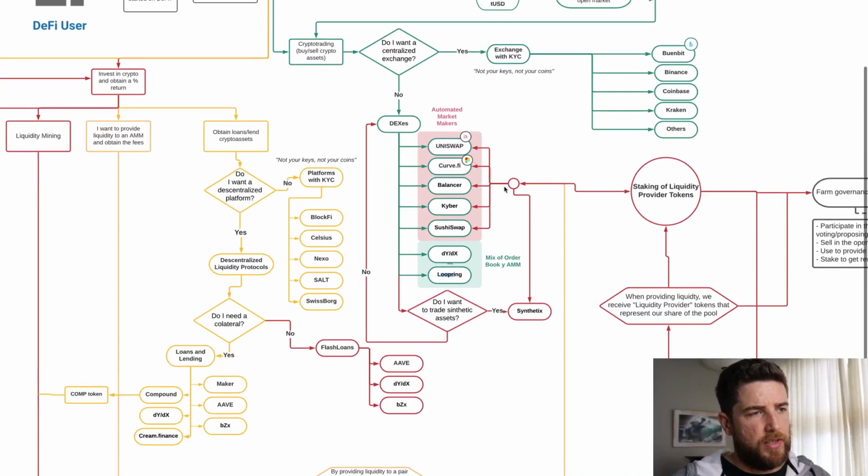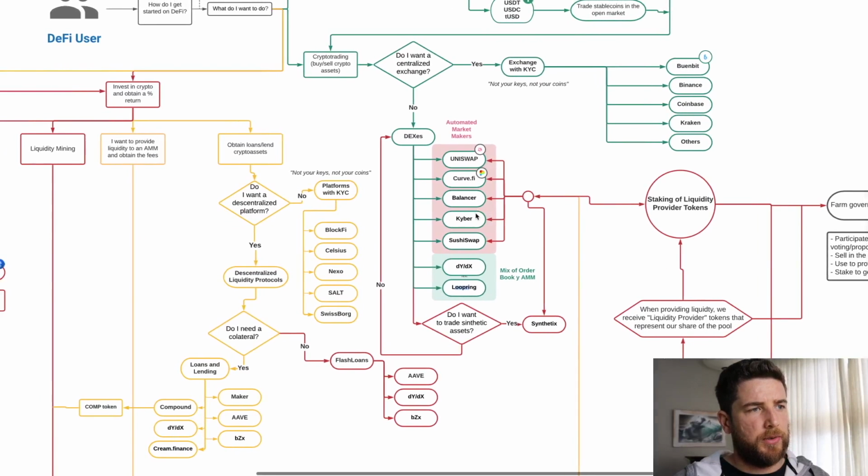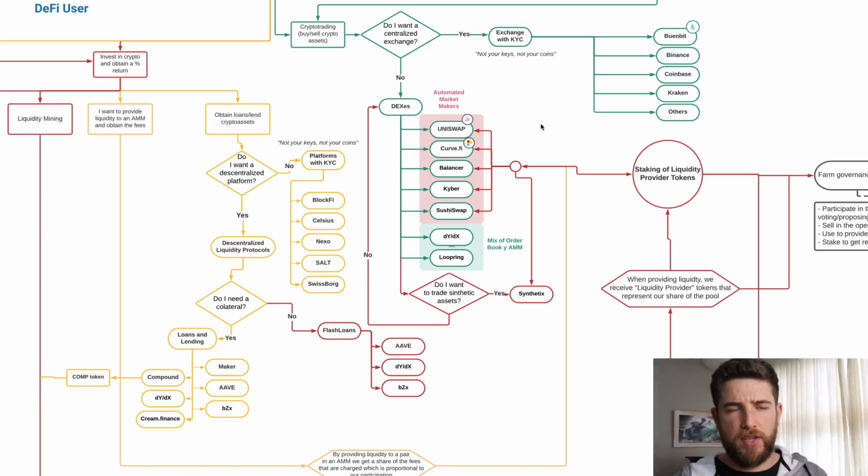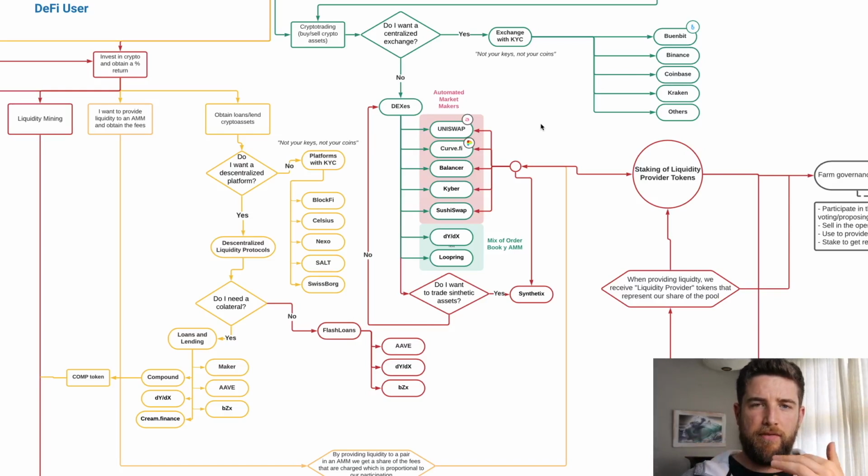I made these two classifications because it's important to understand what an automated market maker is and what a classical exchange is. So you know how in normal exchanges you have an order book where you have selling orders and buying orders, and basically what the exchange does is match those orders and then infer a price of something based on that demand and supply, right?